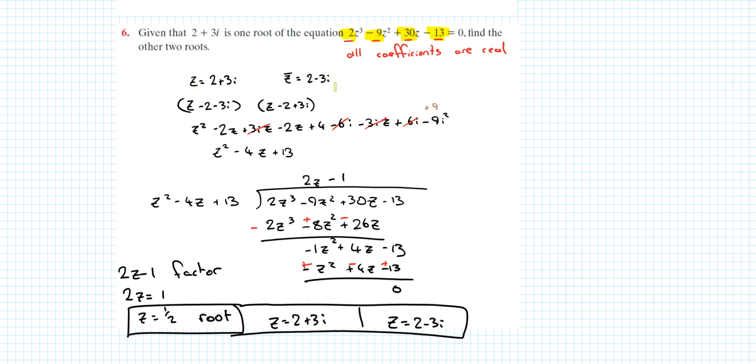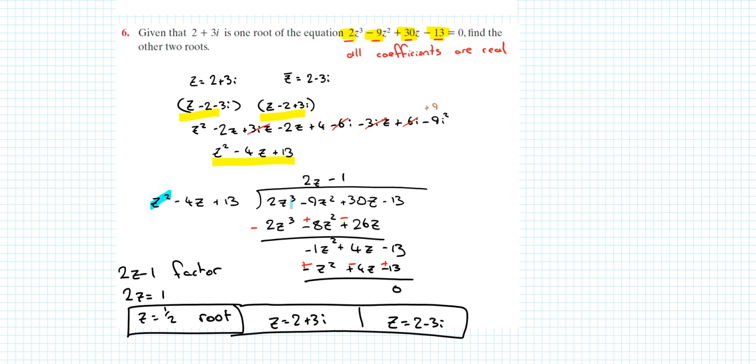So if I know they're roots, then I know if I multiply the two factors together, I'm getting another factor. And what do I know about factors? Factors should divide evenly into this equation up here. So I've got my original two factors from the complex conjugate roots theorem. I multiply them together, and then I use long division.